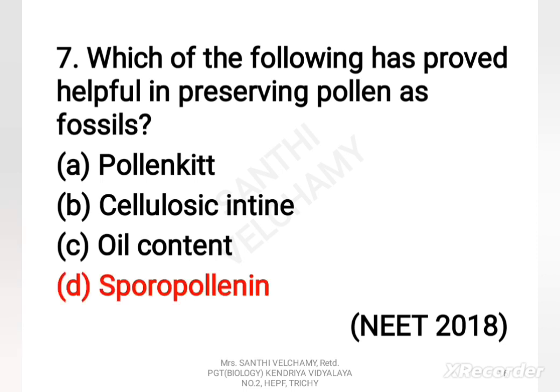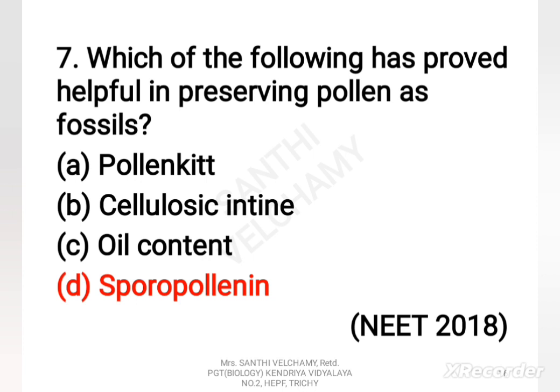The exine of pollen grain is made up of a highly resistant fatty substance that we call sporopollenin, which is not degraded by any enzyme. It is not affected by high temperature, strong acid or strong alkali. Because of sporopollenin, pollen grains are well preserved in the form of microfossils.